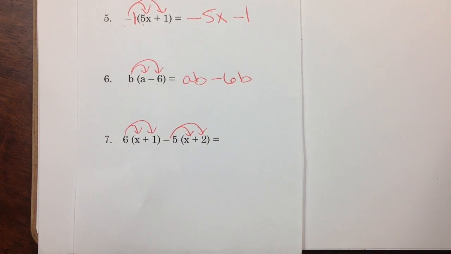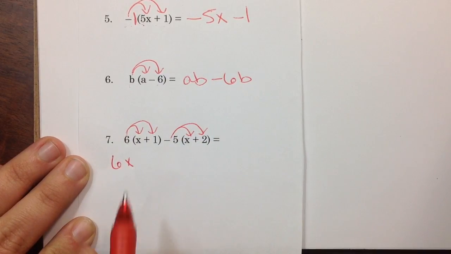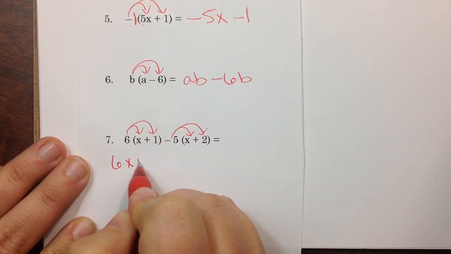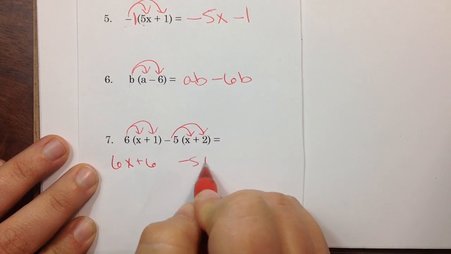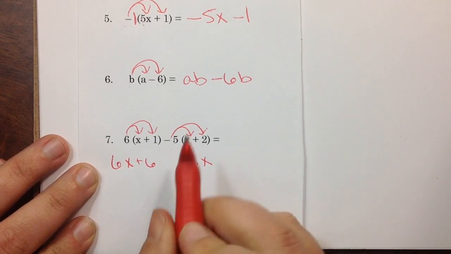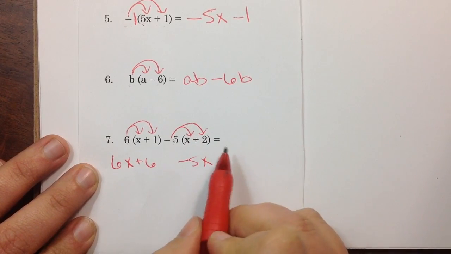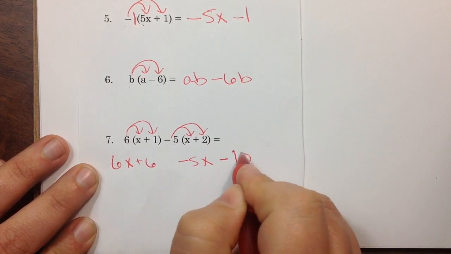It's not a 5, it's a negative 5, and that does matter. So now I have 6 times x, which gives us 6x, and 6 times 1, which gives us 6. Here I have negative 5x, because negative 5 times x gives us negative 5x, and negative 5 times positive 2, negative times a positive is a negative, 5 times 2 is 10.